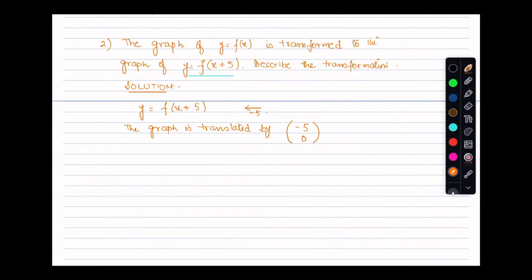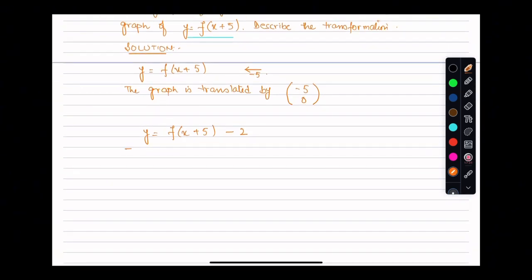If, for example, my graph had been y equals f(x plus 5) and I introduce a constant, which is -2, then I would say that the function is translated horizontally by -5 units and vertically by -2 units.